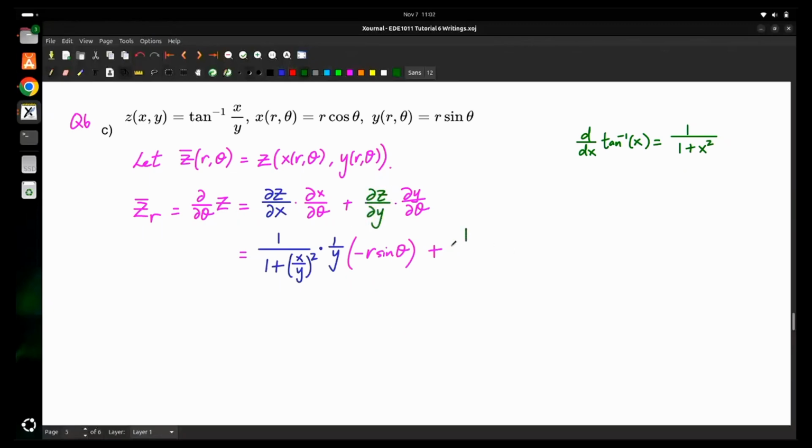You have 1 over 1 plus x over y whole thing squared, because tangent inverse. Then you have to differentiate x over y with respect to y, which gives you minus x over y squared. Then the del y, del theta, you plug in, which is just r cosine theta. Is that okay?